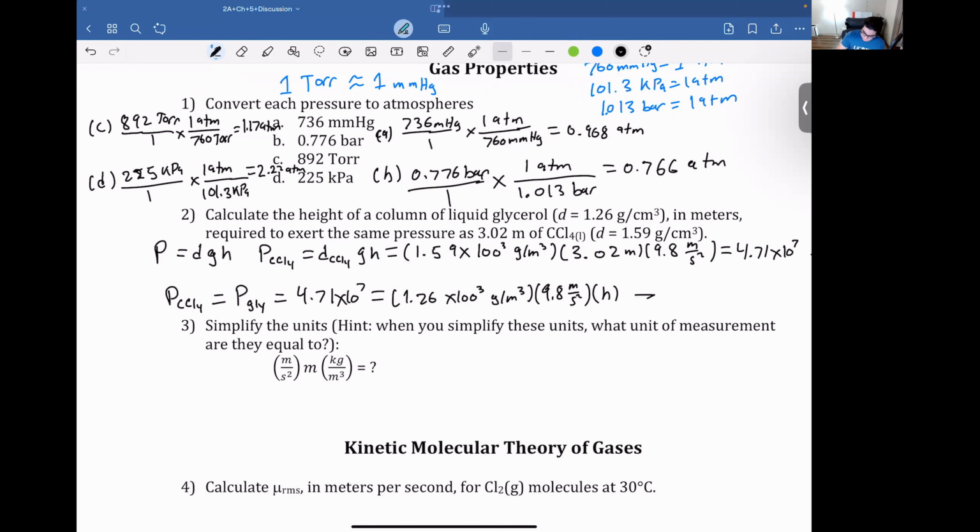You do a little bit of algebra, right? Just divide both sides by 9.8 and the density, 1.26 times 100 cubed. And then we get the height of the column. When you plug that in, you should end up getting 3.81 meters. And that's it.